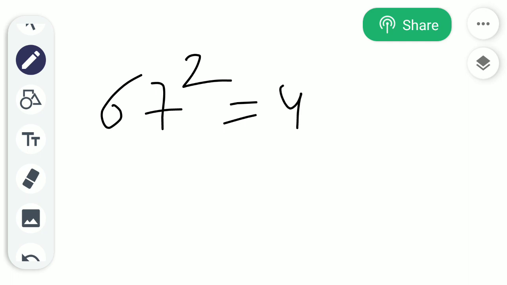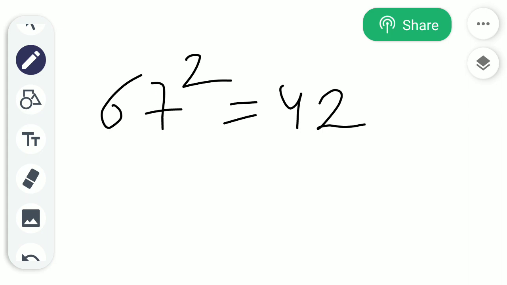Let's take another example, the square of 67. This is 17 more than 50, so we have to add 17 to 25. 25 plus 17 is 42.